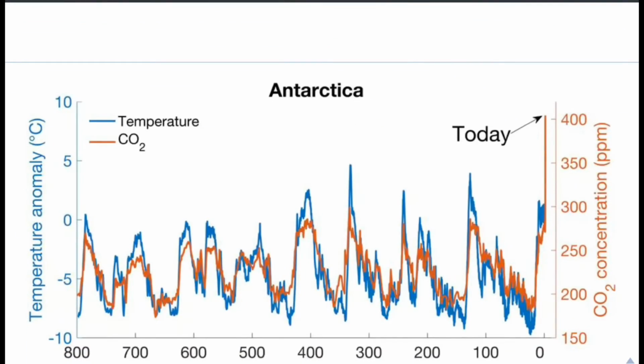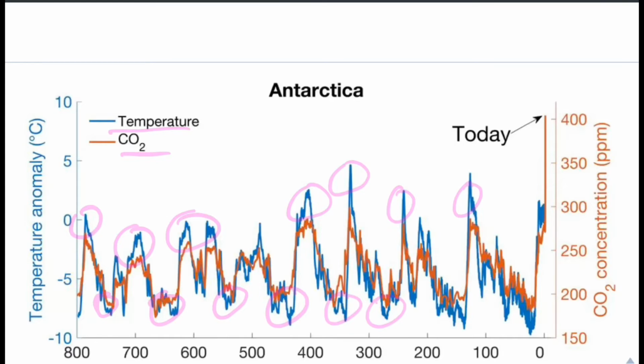So, at a much longer time scale, Antarctic ice cores have shown that temperatures there varied between warm interglacial periods. Those are going to be the peaks in the data, our warm periods, because we're looking at temperature and CO2. Those warm periods are interspersed with the colder glacial periods.